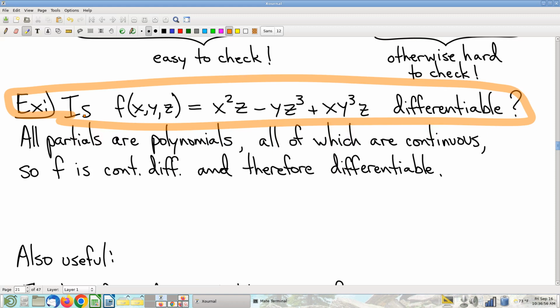So, for example, if you just say the partial derivatives are polynomials and therefore it is differentiable, you kind of missed some key ideas there. It's specifically the continuity of the partial derivatives that you need in order to be able to conclude that it's continuously differentiable.